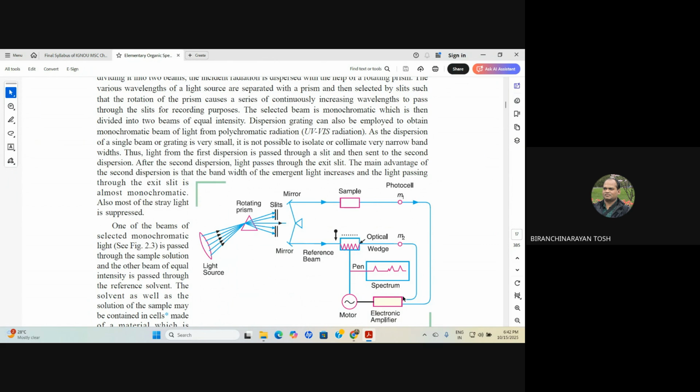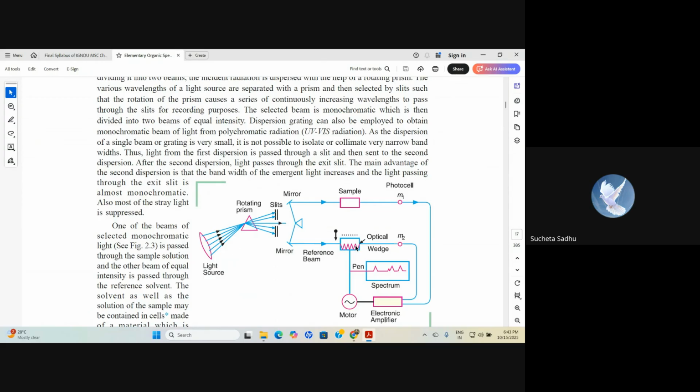Then we come to the electronic amplifier. Why are we taking the reference beam? Here we take the solvent only; one is the solution, one is the solvent, so we subtract the absorbance due to the solvent.